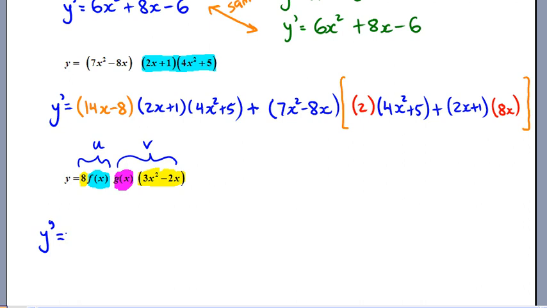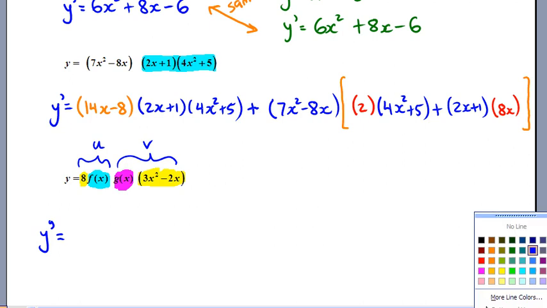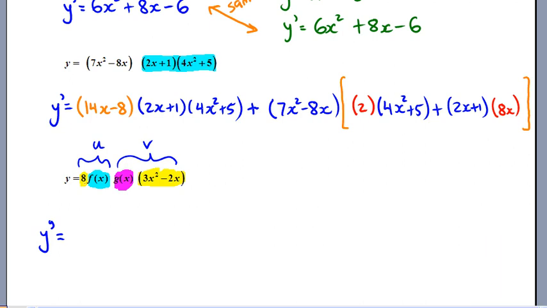Okay, so the derivative of u. Oh, well, that's that yellow thing hitting the blue thing. That's a product rule. So for a few seconds, I'm going to exercise the product rule, and I'm going to do my derivative. So I would say, okay, the derivative here would be the derivative of 8 multiplied by f of x. Okay, so that's 0 multiplied by f of x.